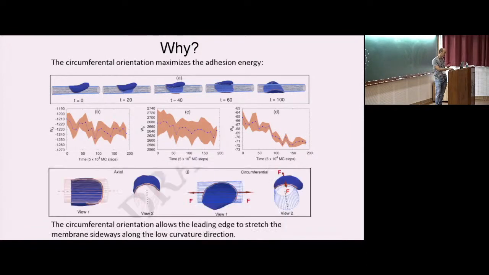And we think that what is really happening here is that if you are oriented along the axis, and you are trying to spread as much as possible. So what this arc is trying to do is trying to spread along the surface to increase the adhesion energy as much as possible. Then the pushing force forward is effective because it moves you on the membrane.